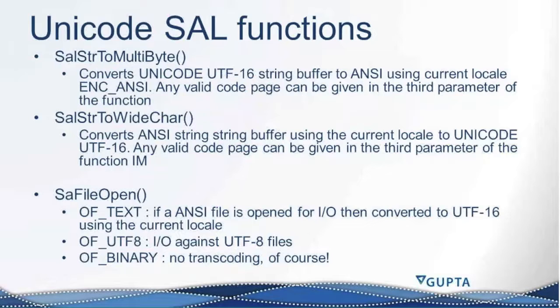Two very important functions that we give you guys. One is SalStrToMultiByte, and the other one is SalStringToByteCharacter. SalStrToMultiByte converts your Unicode UTF-16 string buffer to NC using the current locale, and any valid code page can be given in the third parameter of the function.